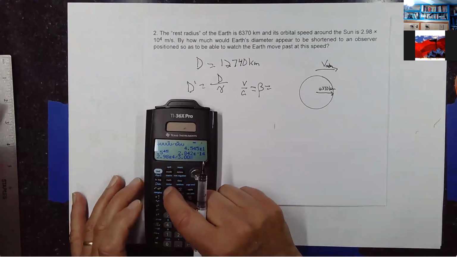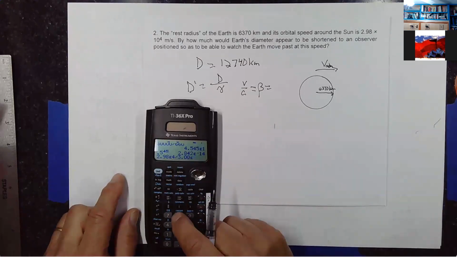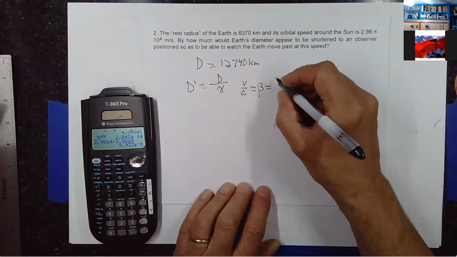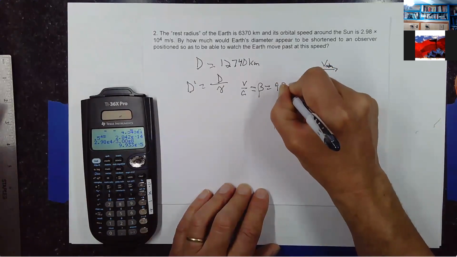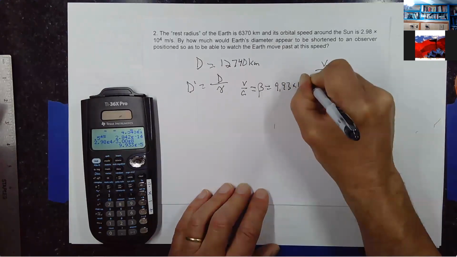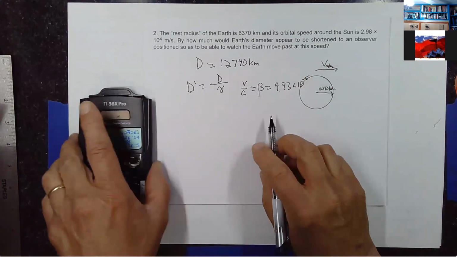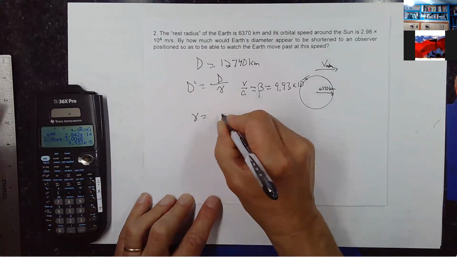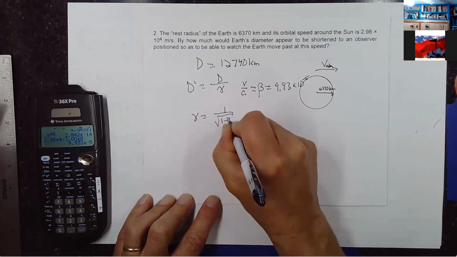3.00 times 10 to the eighth, and I know I don't have to input the 0.00 into my calculator, I would get about, in this case, 9.93 times 10 to the minus fifth. And when you use this beta as the abbreviation for V over C, gamma then ends up being 1 over the square root of 1 minus beta squared.